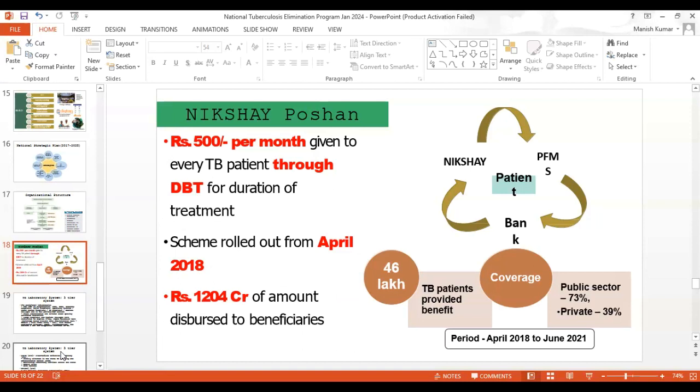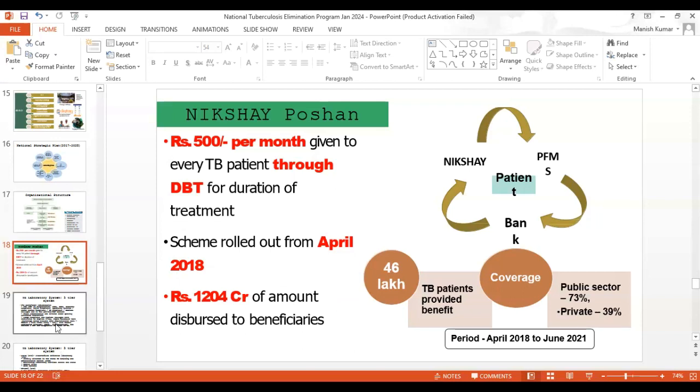Yes, sir. Tell me the full form of PFMS. Some children are like that. Public Financial Management System. Very good. So this is basically a system wherein government transfers money to the beneficiary, and not only the beneficiary, even their transaction happens through PFMS.